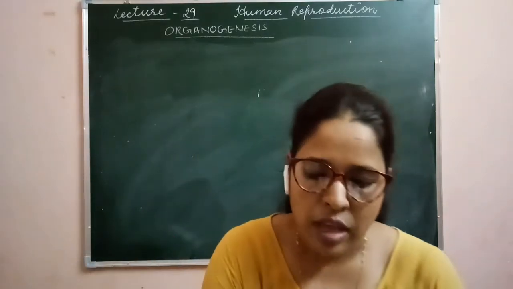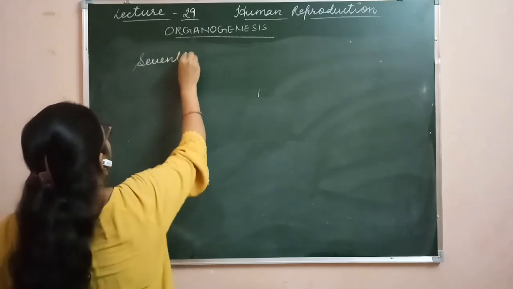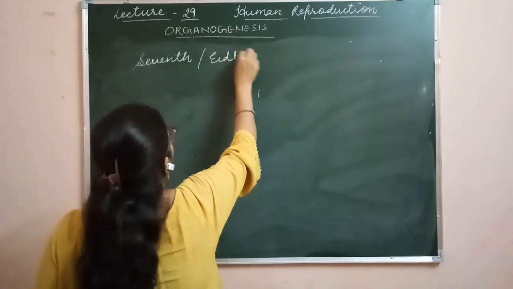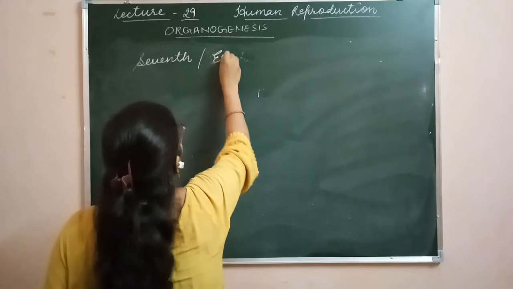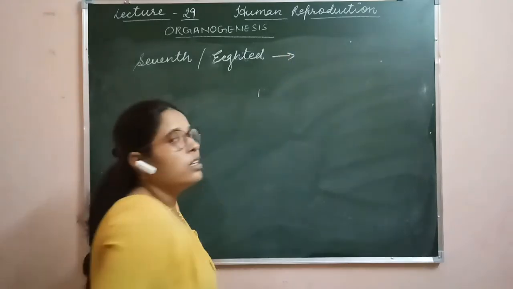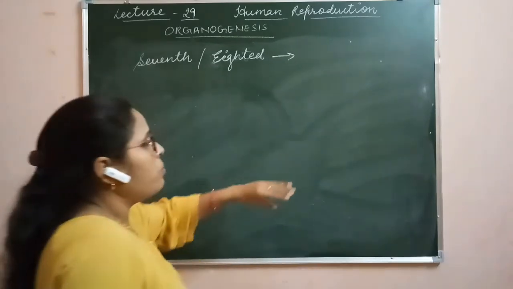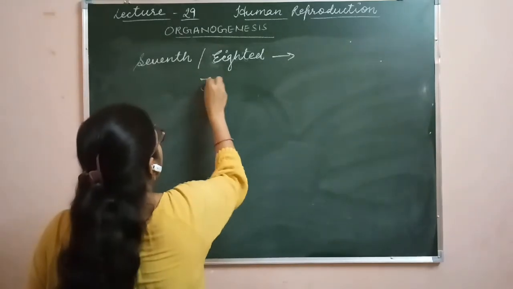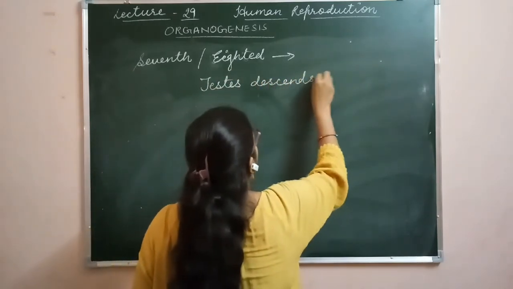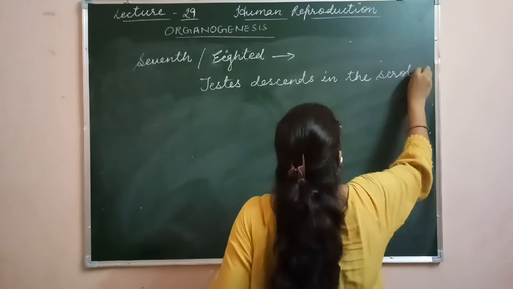By the eighth month the development of the fetus is almost complete, and the testes descend into the scrotal sac.